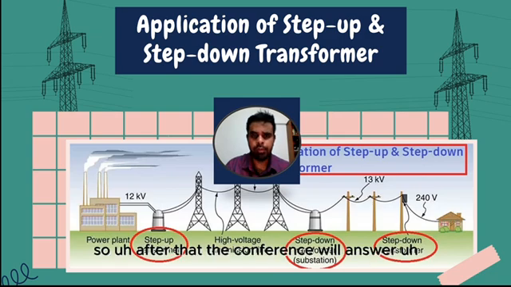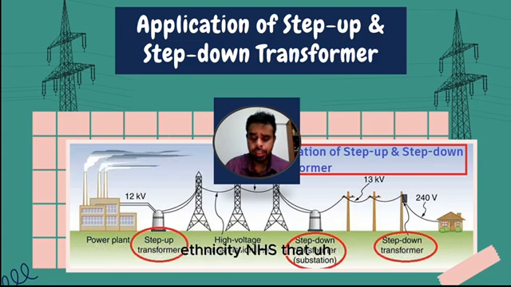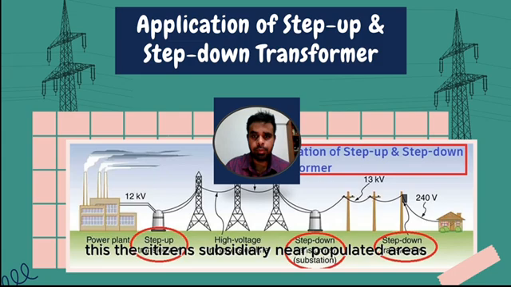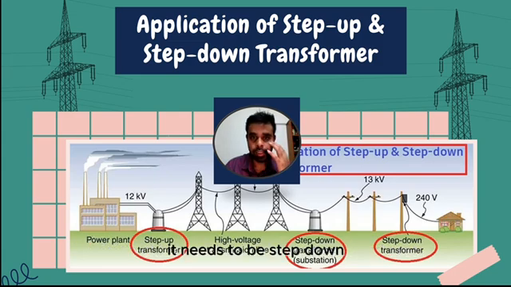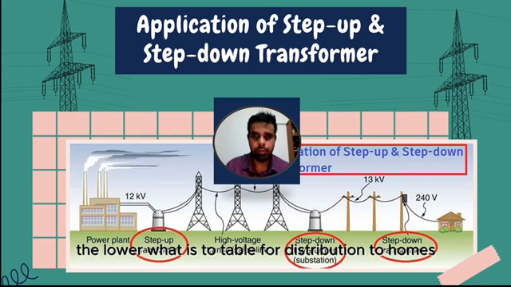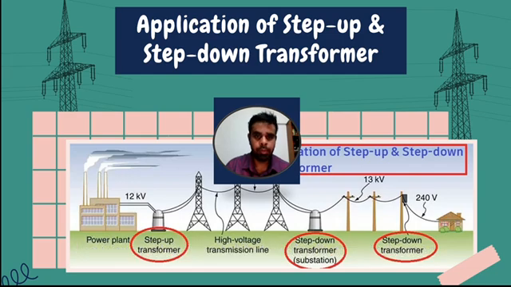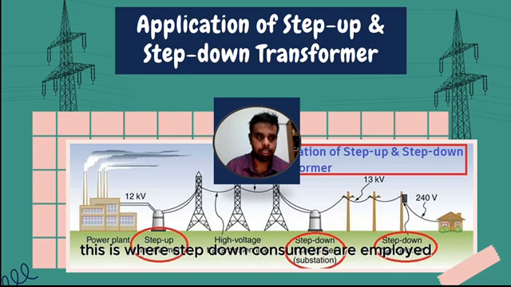The purpose of the step-up transformer in a power plant is to facilitate the long-distance transmission of electricity. After that comes the step-down transformer. Once the electricity reaches the distribution substation near populated areas, it needs to be stepped down to a lower voltage suitable for distribution to homes, businesses, and other consumers. This is where step-down transformers are employed.